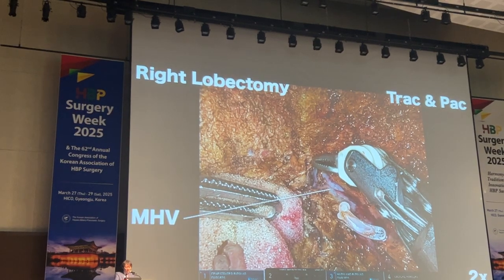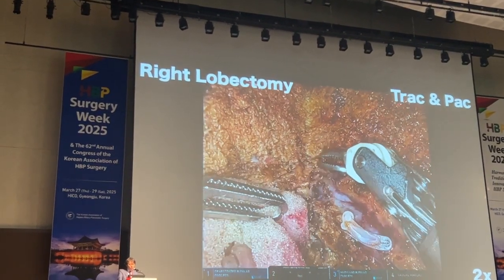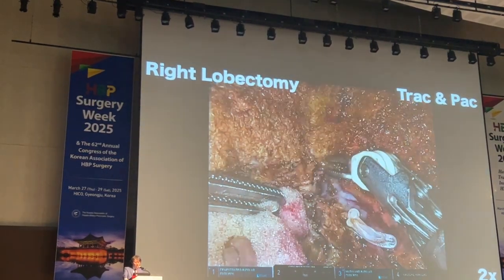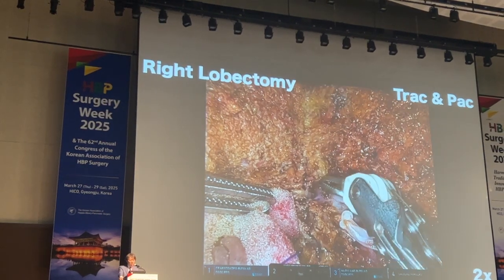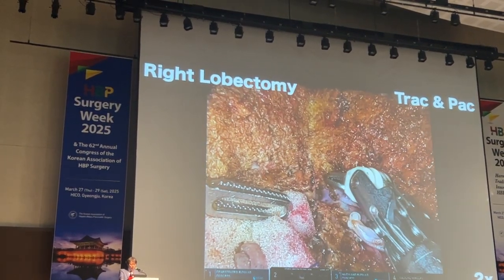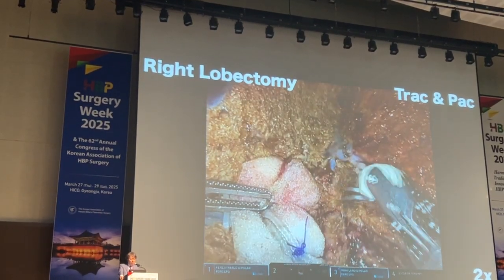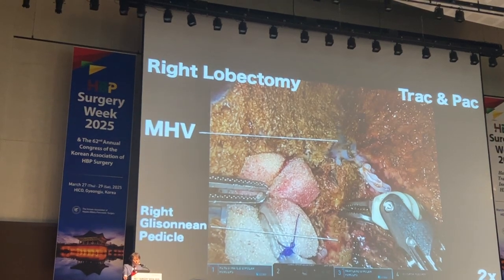This is the middle hepatic vein. The right arm Marian forceps also sweep or peel the liver parenchyma. These gentle motions dissect the liver parenchyma not only steadily but also effectively under sufficient tension. Dissect the liver parenchyma between the middle hepatic vein and the right Glissonian pedicle.